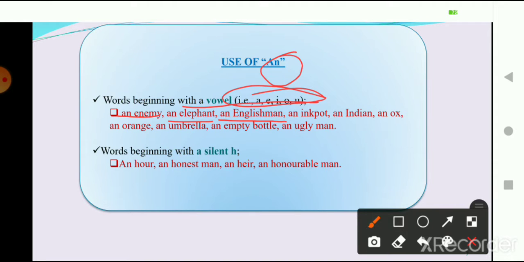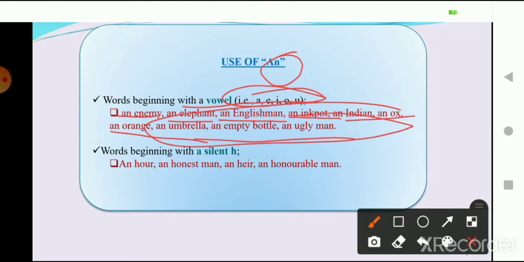Let's see the others: an ink pot, which begins with a vowel. An India, again a vowel. An ox, an orange, an umbrella, an empty bottle, an ugly man. So all these are what? These words are all beginning with a vowel.